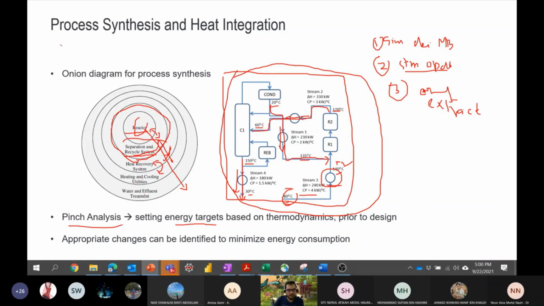So we have R&D, we have feasibility study, we have conceptual design, we have EPCC engineering, and then we have our plants. So it's all back and forth discussions, at least until the feasibility and then conceptual design. These are what is happening in this onion diagram. They go back and forth, back and forth.